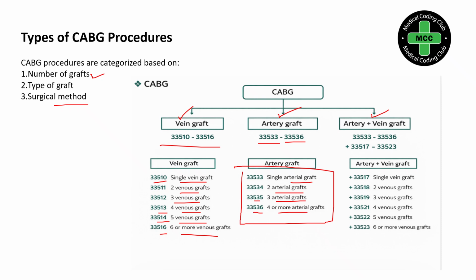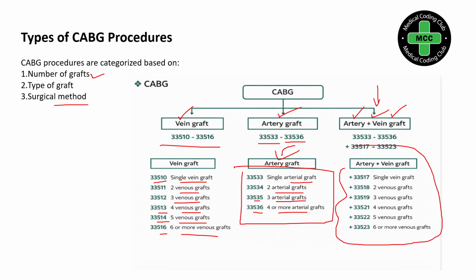Next comes another important thing, which is combined grafting, where the provider will be utilizing both artery and vein graft. In this case you have to remember one coding guideline: whenever you are dealing with combined grafting, you must utilize the arterial graft as the primary code. Followed by the artery, you need to take the venous graft add-on code.